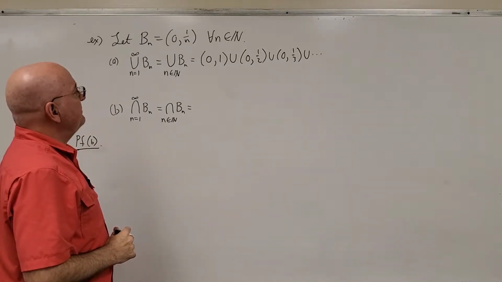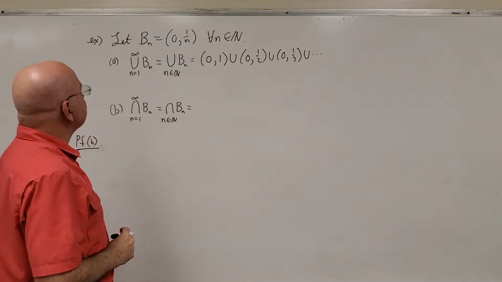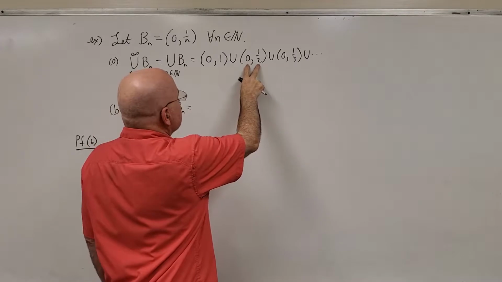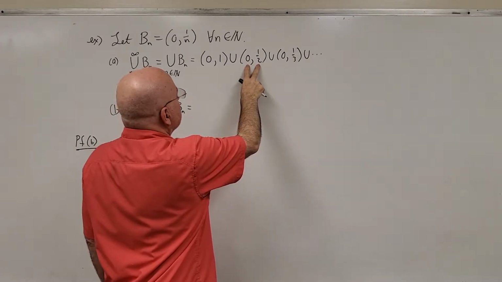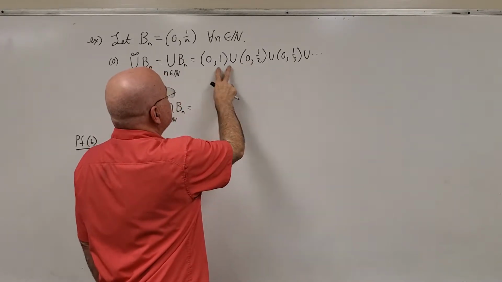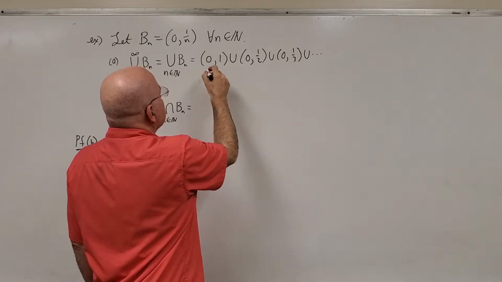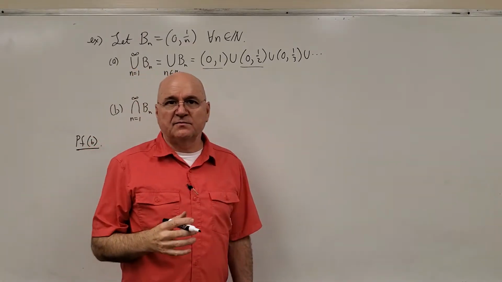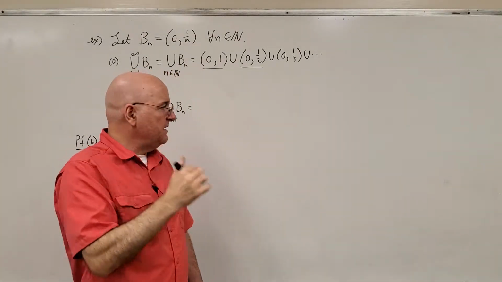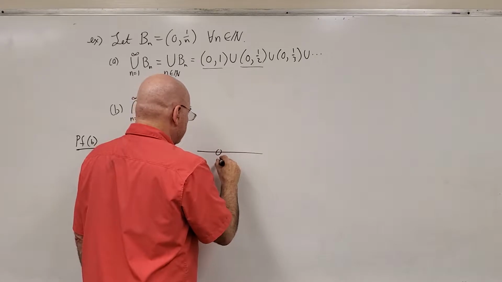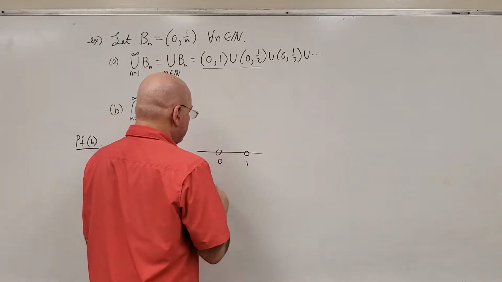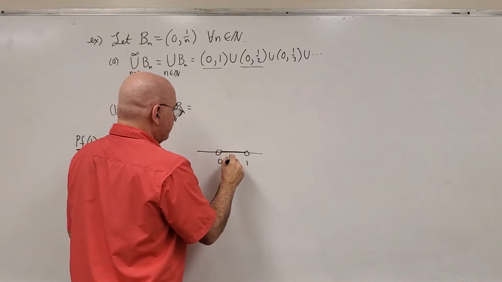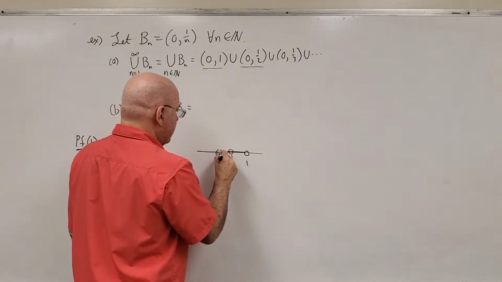So what do you think that would be equal to? Well, notice each set in this list that's being unioned is a subset of the previous set. So if I do (0, 1) and union that with (0, 1/2), that's like taking this interval and then unioning it with that interval.